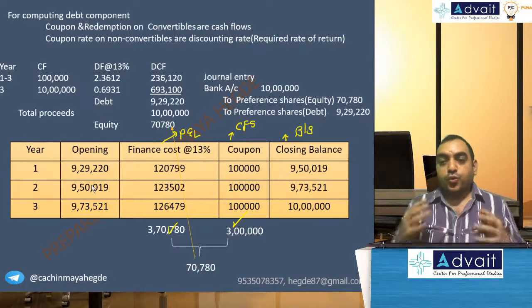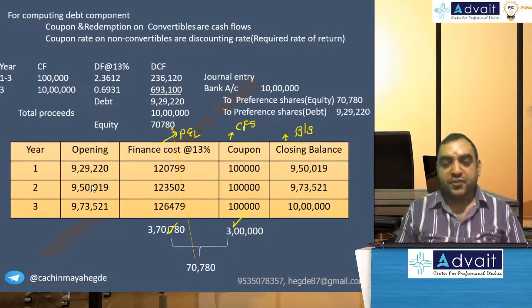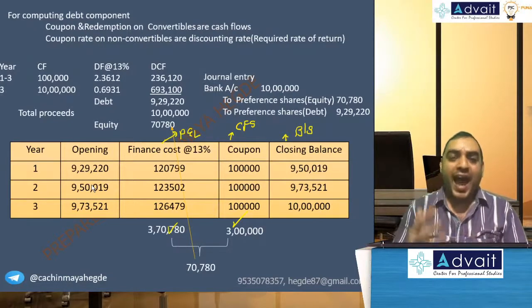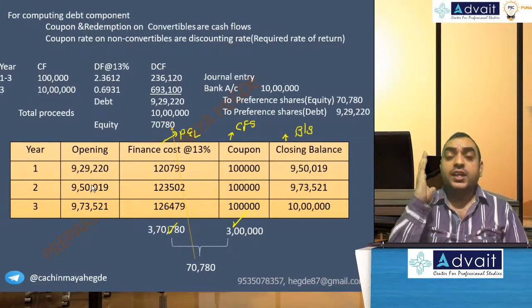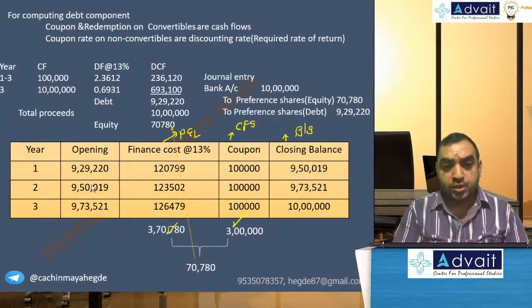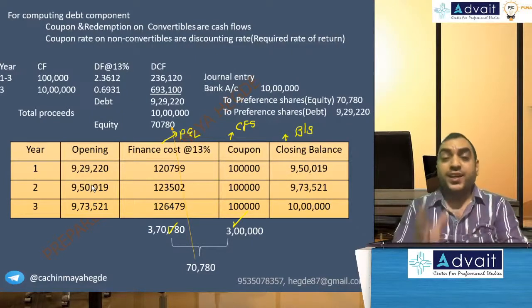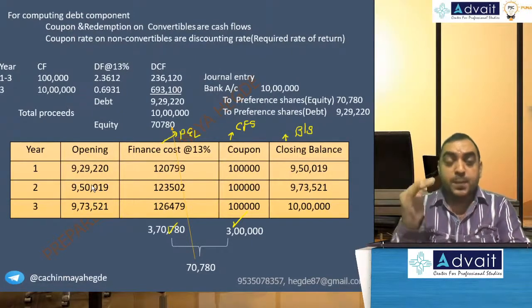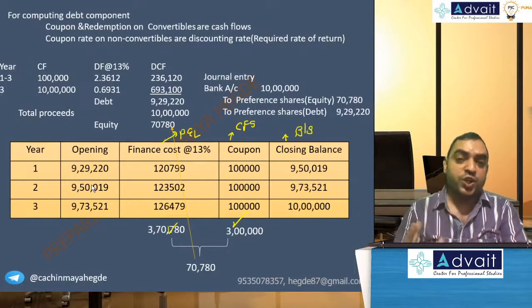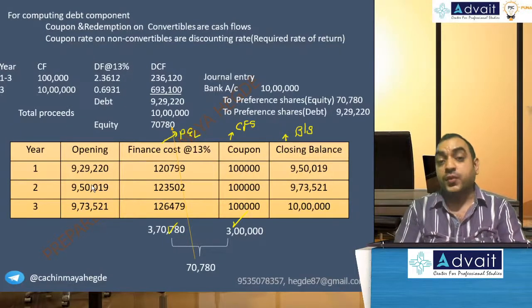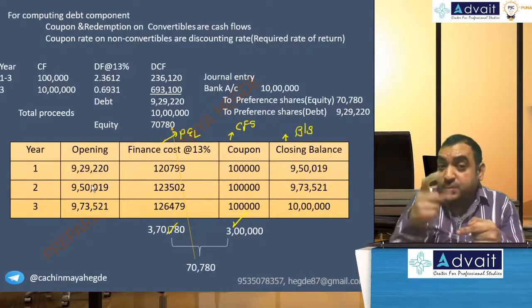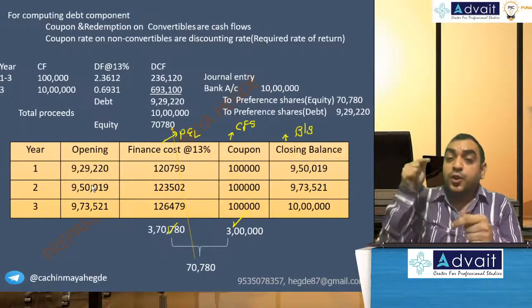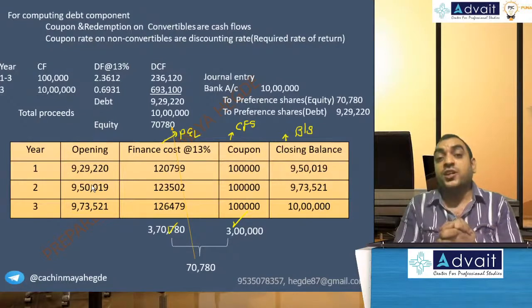Essentially what is happening, my dear friends, is that if you had gone for a non-convertible option, the investor expects 13% return, but because you went for the convertible option, it is only 10%. You save that 3%. Why do you save? Because you are giving him a conversion option.